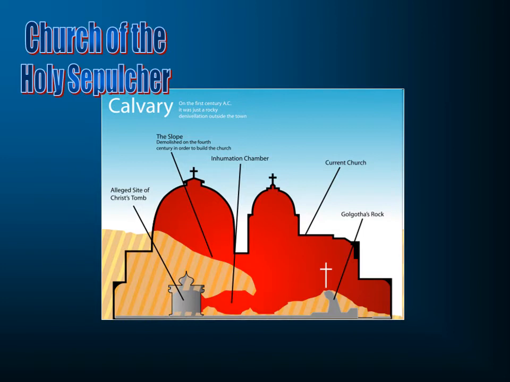But that area that is in the orange stripes, that's actually all been cut away to make way for the church. And so instead of leaving it the way it would have looked in the first century or even third century, it has all been covered and gilded.